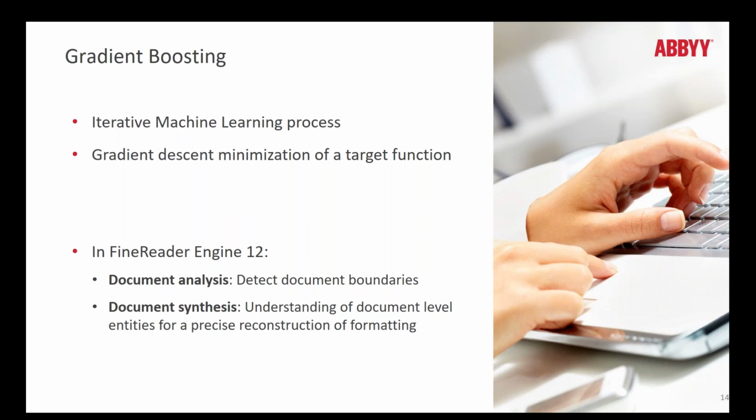And finally, the engine, as mentioned, it is used basically during the document analysis, when the document gets analyzed, to detect document boundaries. Why is it important? This is especially important, for example, if you do not scan documents but photograph documents. Usually, the document boundary is somehow not right.